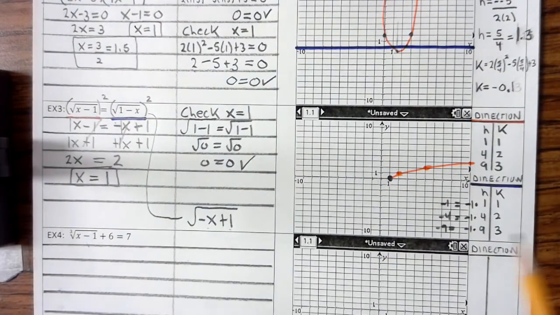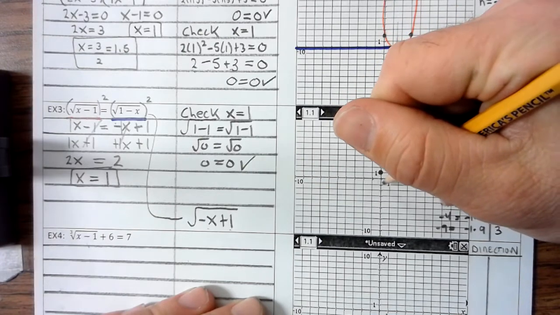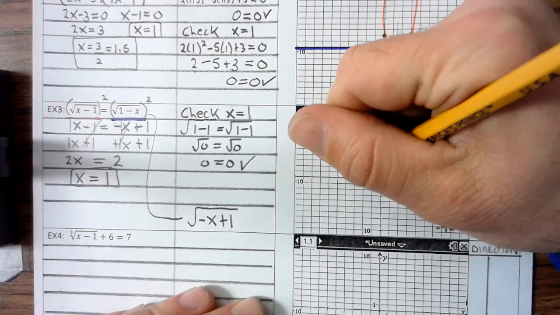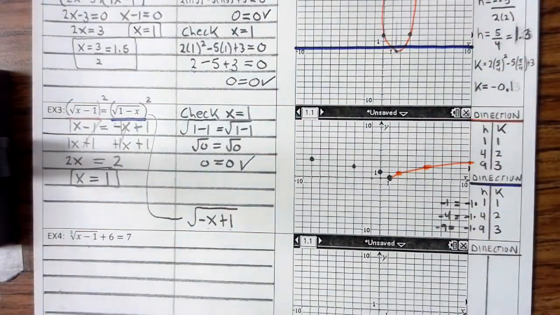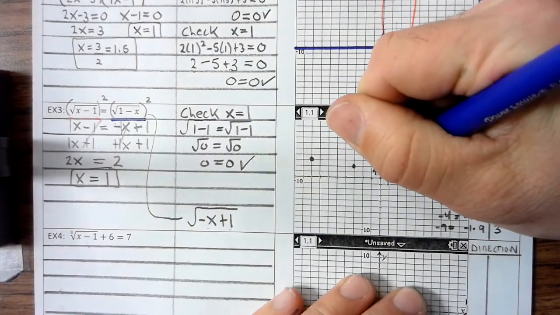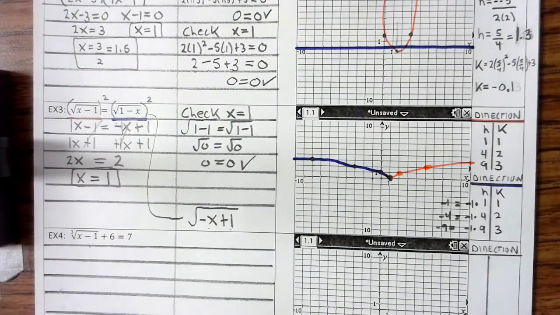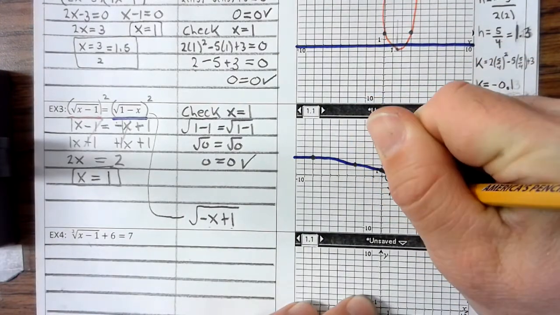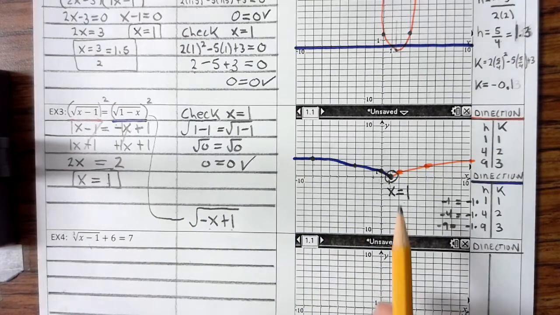So we go to the left 1, up 1, to the left 4, 1, 2, 3, 4, up 2, and to the right 5, 6, 7, 8, 9, up 1, 2, 3. Now you can see here that they both intersect at x equals 1, which checks our solution by graphing.